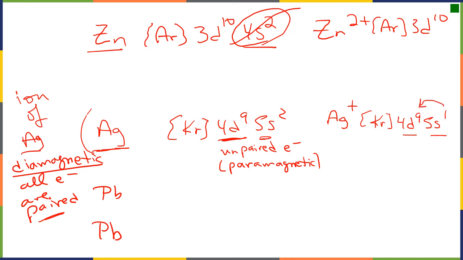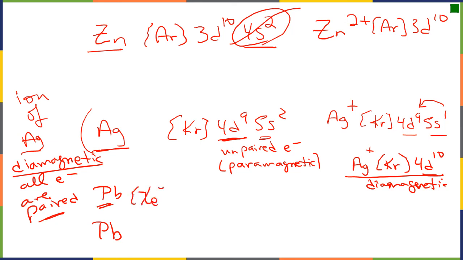So we have to imagine that that 1 up in the 5s, remember that's a higher level, is going to pop down to the lower level, giving us krypton 4d10. Again, do we expect you to know this? No, but if we tell you that Ag plus is diamagnetic, we're going to expect you to remember that diamagnetic means that all the electrons are paired, and certainly they are in 4d10.